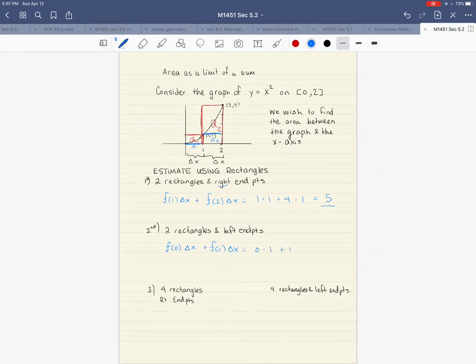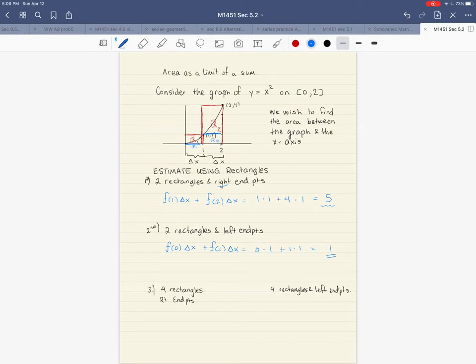And I get 0 times 1 plus 1 times 1, so I get 1. So now my impression is that neither one of those are good indicators of what the actual area is, because I have so much inscribed with the blue rectangles and so much circumscribed with the red rectangles.